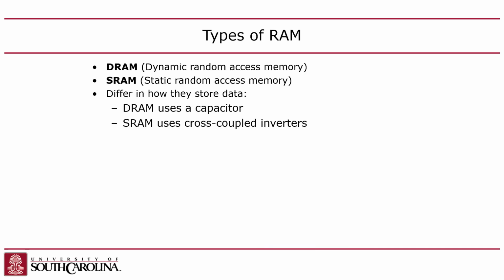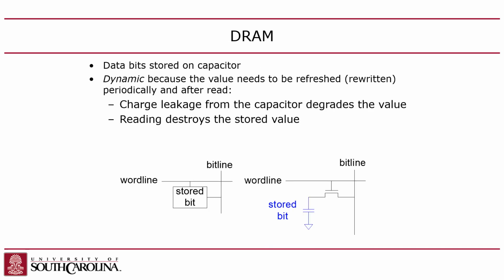So in DRAM, the difference between DRAM and SRAM is basically how the cell is set up. The cell in a DRAM is comprised of one transistor and one capacitor. The word line is connected to the gate of the transistor, and it acts kind of like a pass gate, a transmission gate, even though there's only one transistor in there.